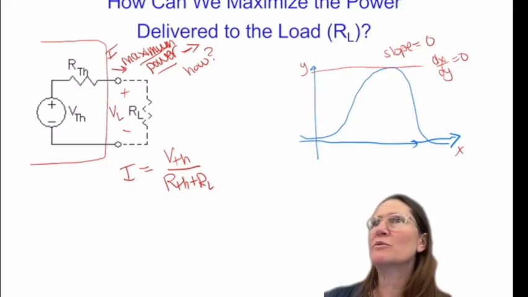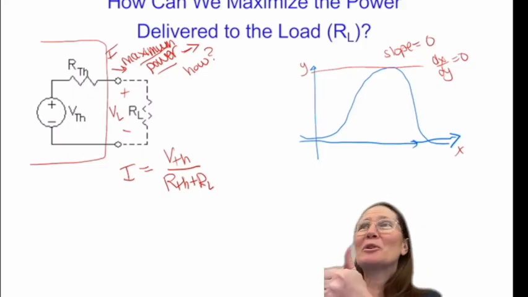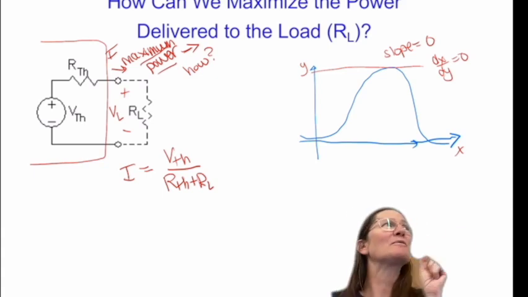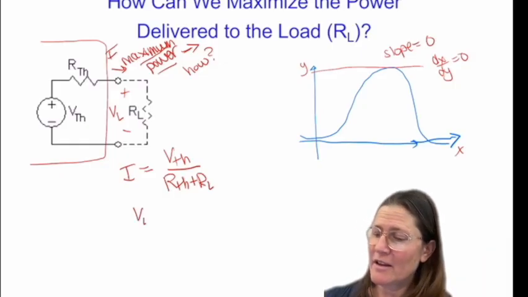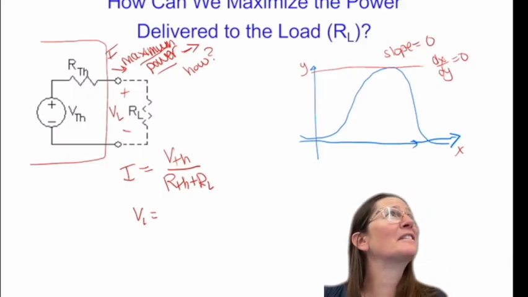So to find voltage, what do we need? We need to know one point on our graph, 0 volts. Where do we want to put 0 volts?